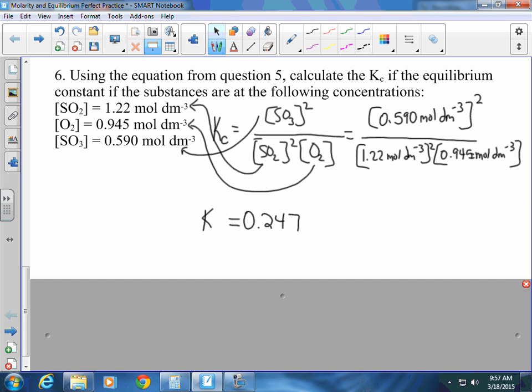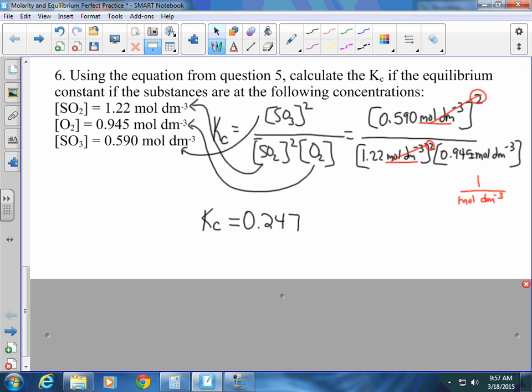And then for my units, looking here, I have moles per decimeter cubed squared over moles per decimeter cubed squared. So those are going to cancel. So unit-wise, I'm left with 1 over moles per decimeter cubed.